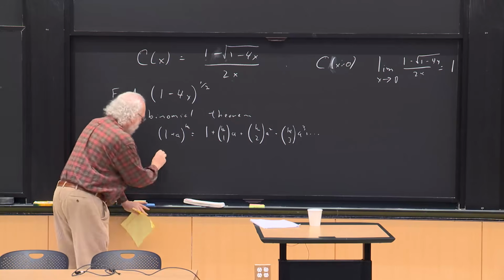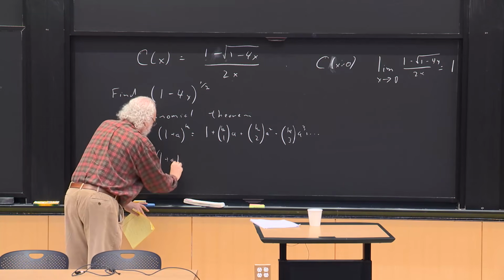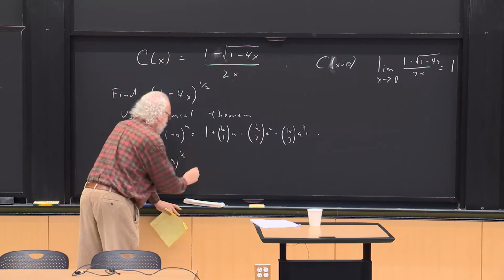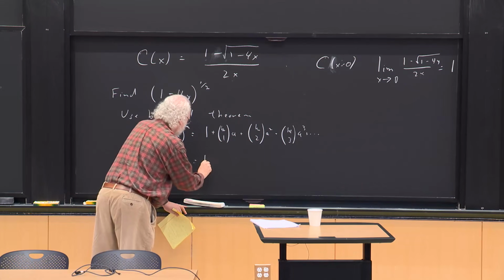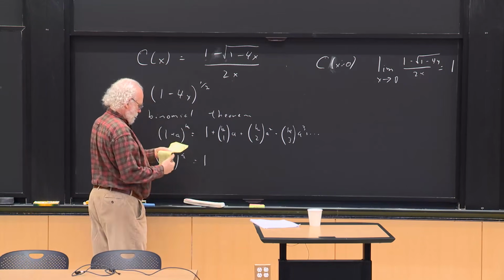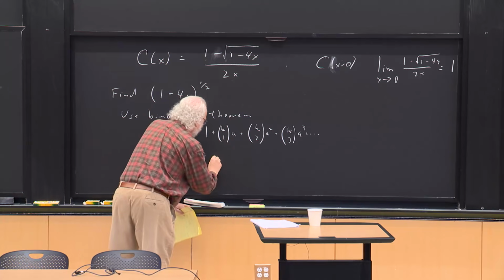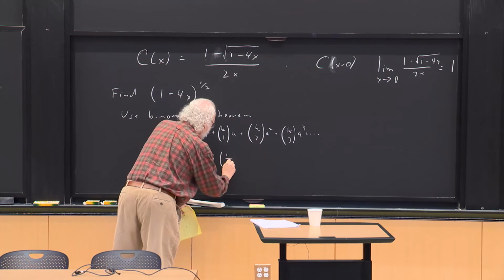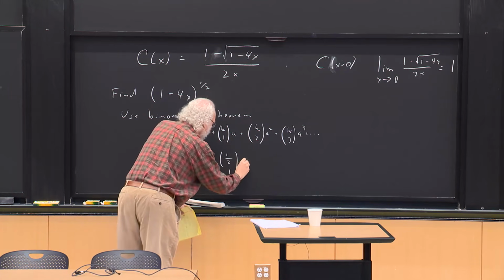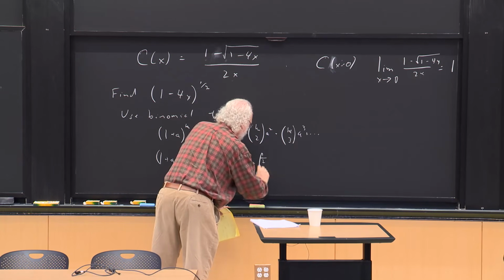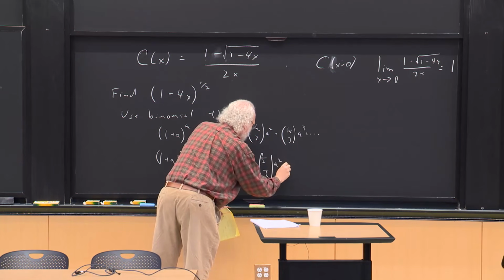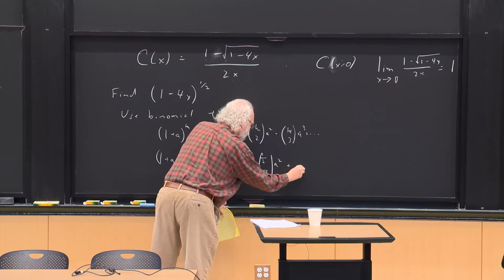So 1 plus a to the 1/2 is equal to 1 plus 1/2 choose 1, a plus 1/2 choose 2, a squared plus dot, dot, dot.